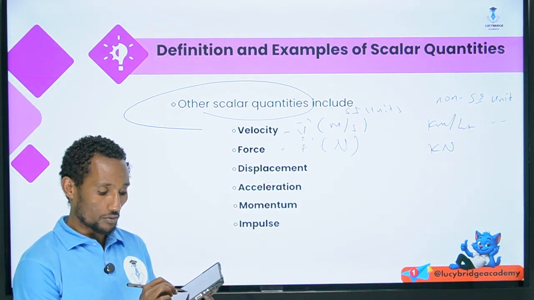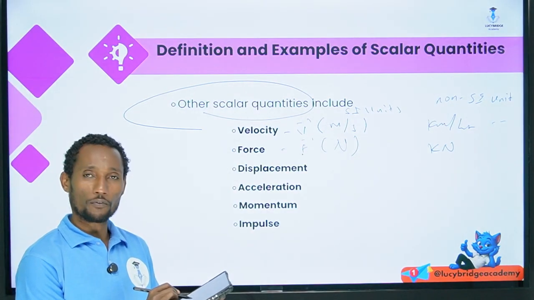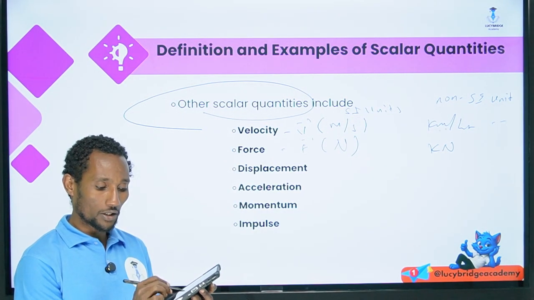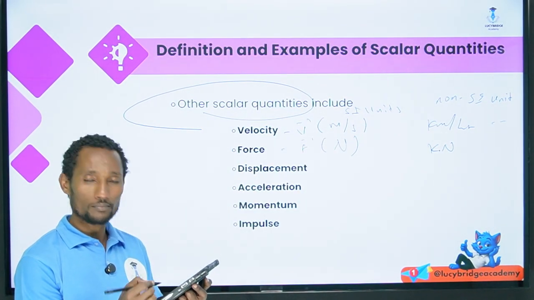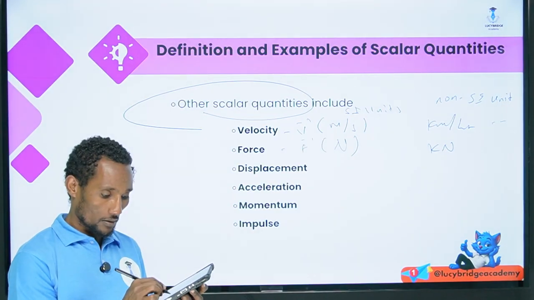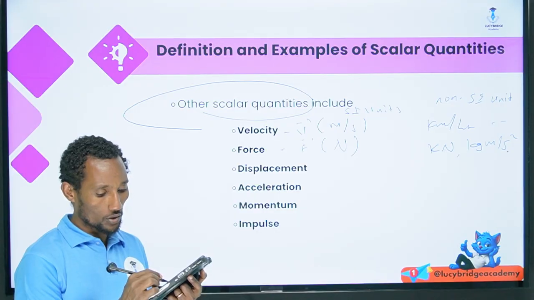Here, the SI units: for velocity, meters per second, like speed; for force, Newton. The non-SI units: kilometer per hour for velocity, and kilonewton for force. Force is also kilogram meter per second square, and so on.